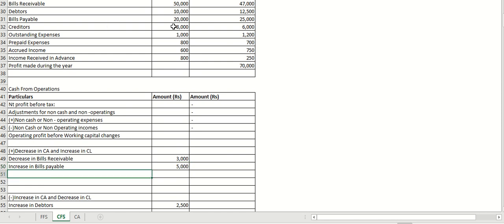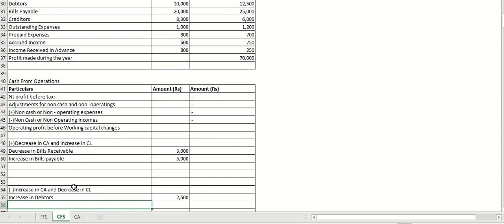Then creditors, last year it is 8,000, this year it is 6,000. Creditors is a liability, it has decreased, so you will minus it. So decrease in creditors, it is 2,000.